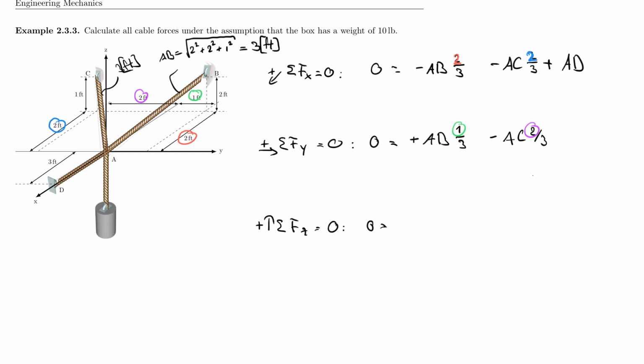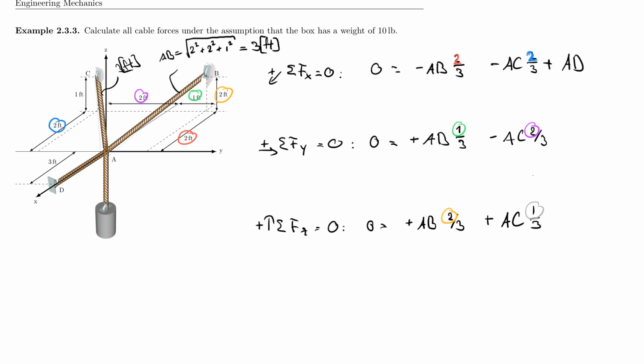Now for the Z direction, I have plus AB times 2 divided by 3. And yet another color. So let me color code that as well. That's this one. And for AC, I divide it by 3 and multiply it by 1.